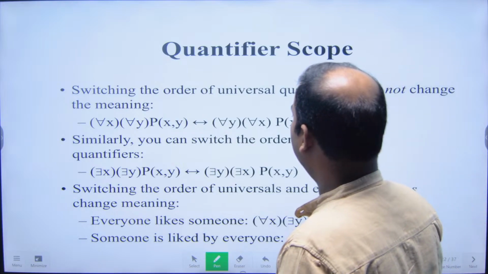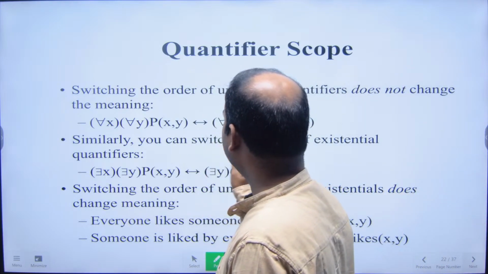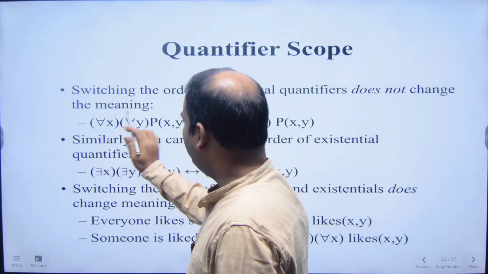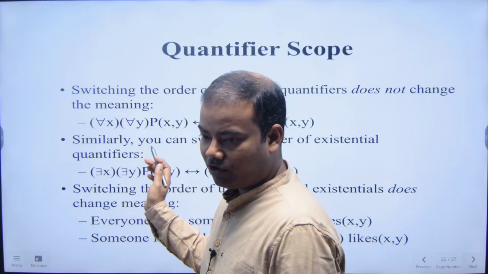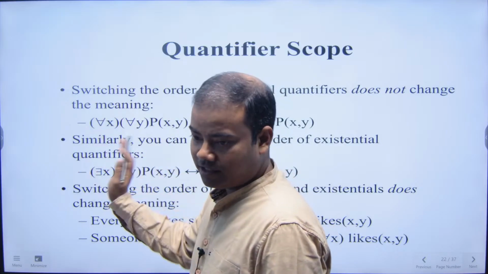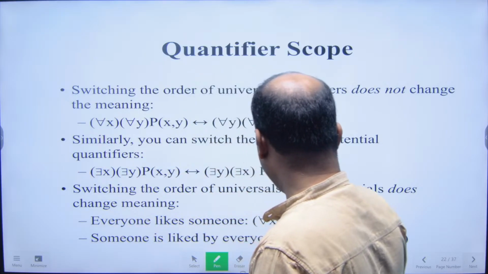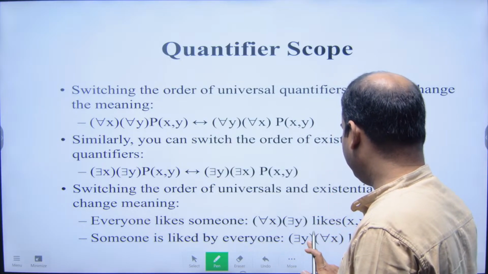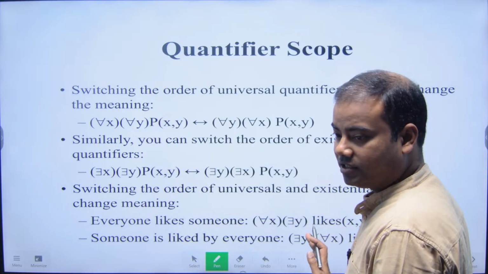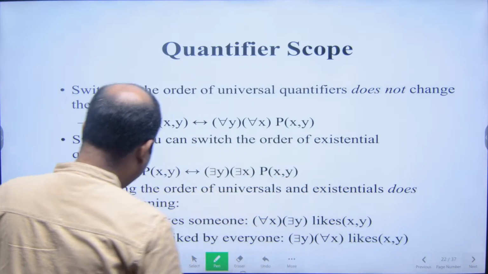Now we also have seen switching the order: if both are for all x and for all y, we can switch left to right. But if there is for all x there exists, then we cannot switch. Then the meaning will also change.